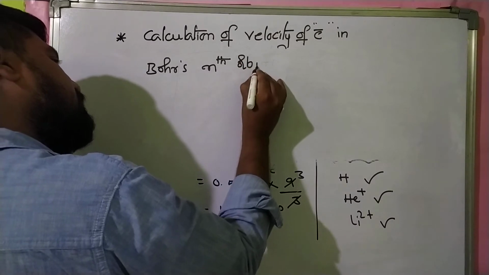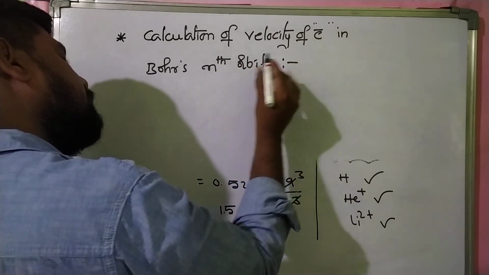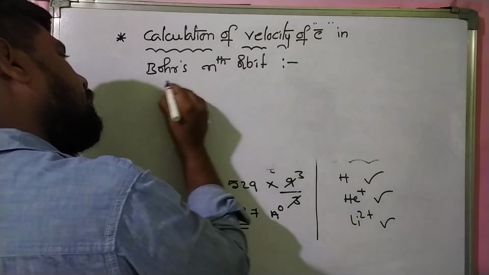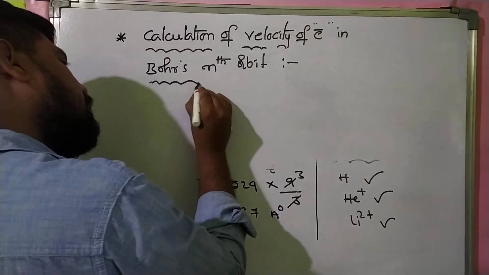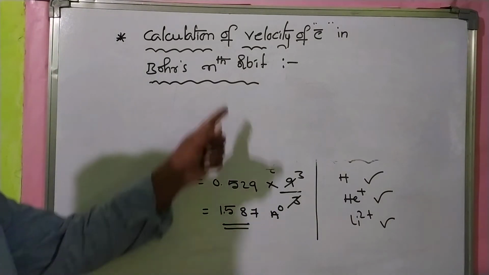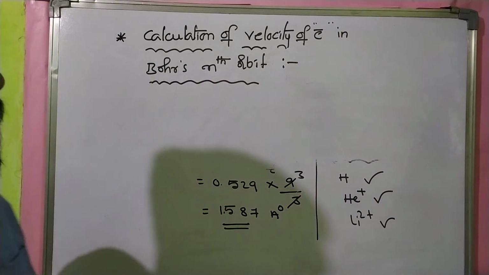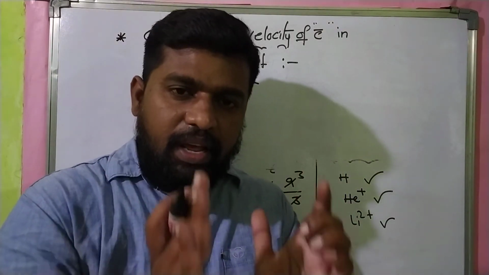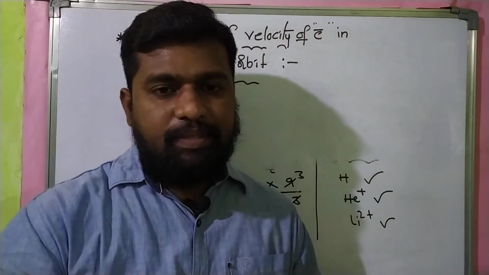This is also very, very important for all advanced students and NEET students. For every student, this is very important: how to calculate the velocity of electron in the given orbit.